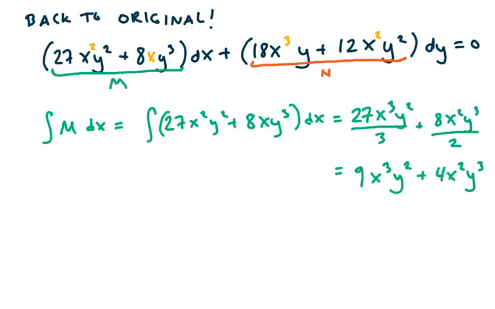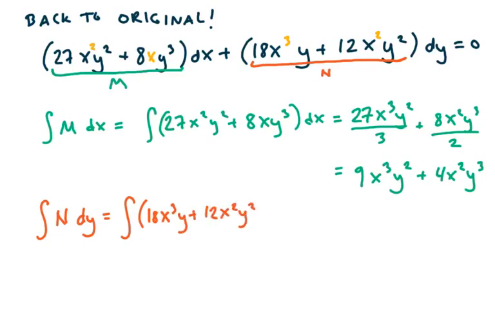So there could be some additional function just of y attached to that piece, so we'll keep an eye out for that. But let's go ahead and calculate the integral of n dy. So that means we'll be integrating our 18x cubed y and our 12x squared y squared with respect to y. So that first term should become 18x cubed y squared over 2 through our power rule. Again, notice I'm just integrating with respect to y, so that's our emphasis.